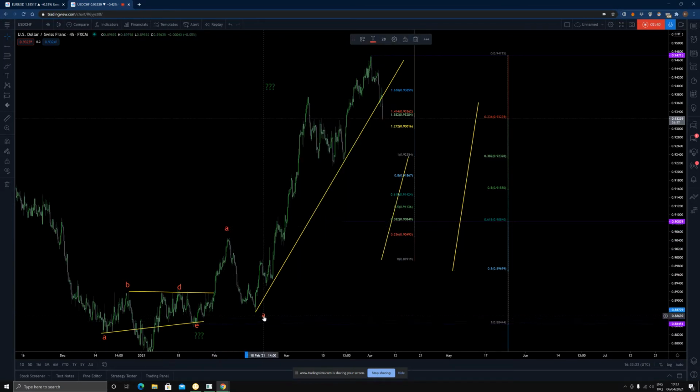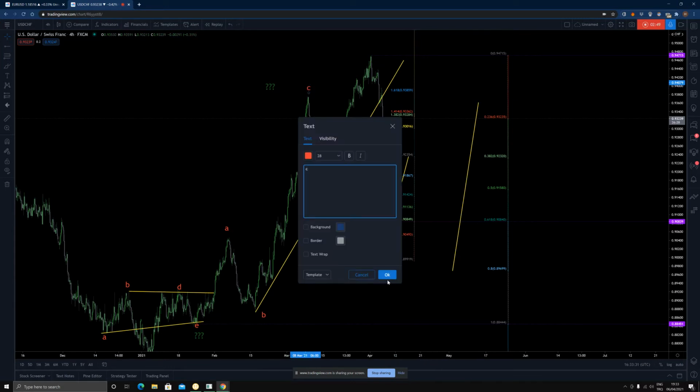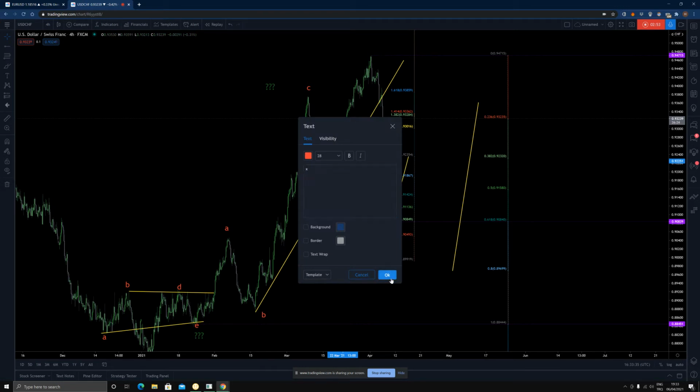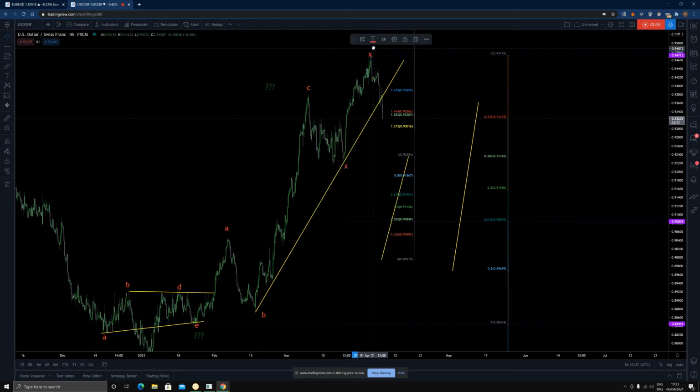So you have A, B, probably, I don't know, C wave maybe here, okay, and then maybe an X wave, and then the market is done wave A, and we are currently on wave B. Okay, so after this, what we can expect is a C wave. Now, you may see this something like this.